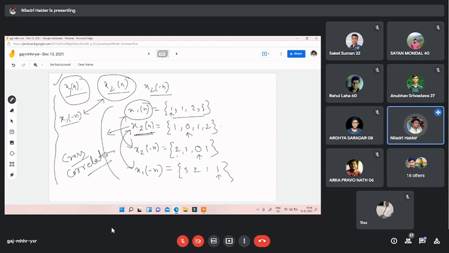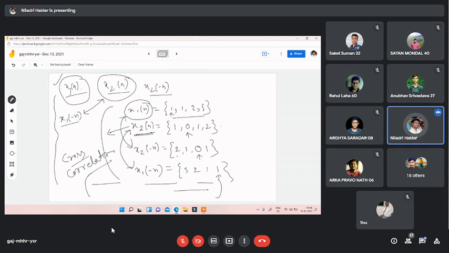So these are the basic small parts that you can use depending on your requirement. If it is not mentioned whether you have to do cross correlation, autocorrelation, circular convolution using the linear convolution method, or linear convolution using the circular convolution method, you don't need to go for that.